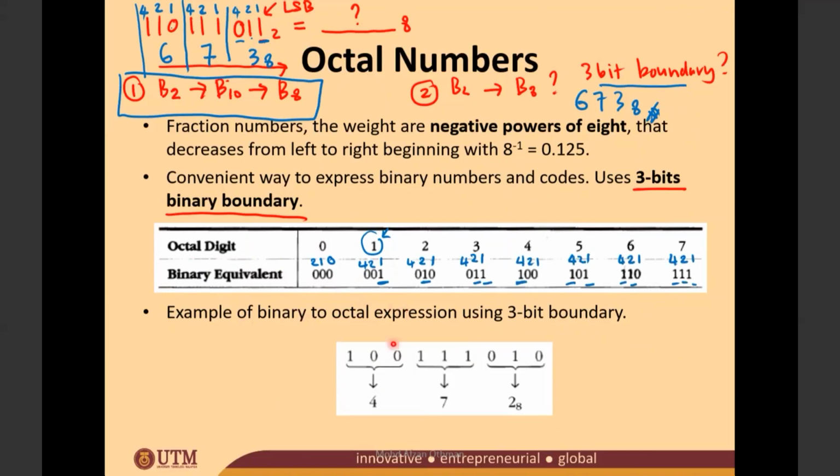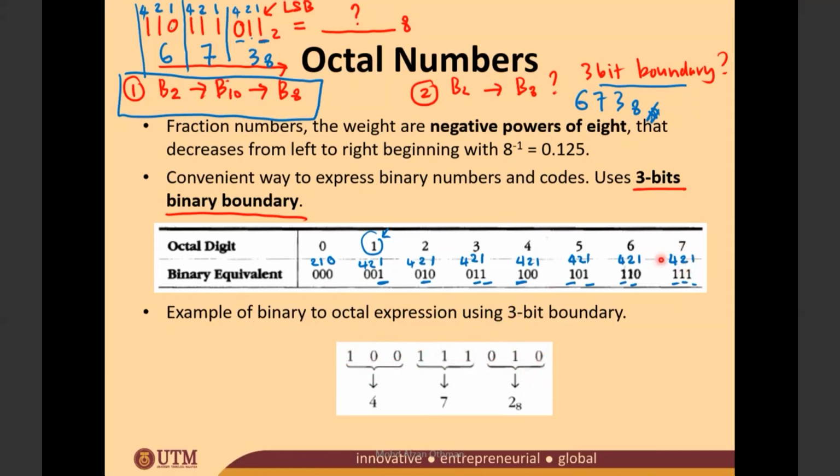Another contoh. Okay, kamu ada this nombor dia. 1, 0, 0, 1, 1, 1, 0, 1, 0. Tukarkan dia ke dalam asas 8. Macam mana nak tukar? Okay. Grupkan dia kepada 3 bit per group. Okay, so this is a one group. This is the second group. And this is the third group. And then dapatkan dia punya octal digit.